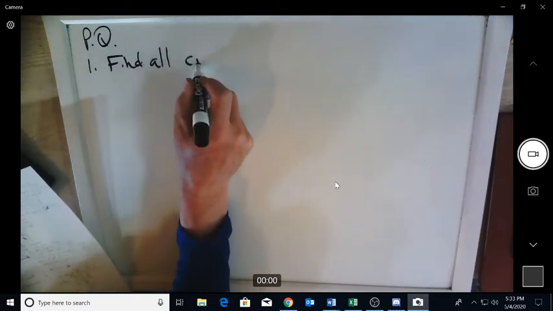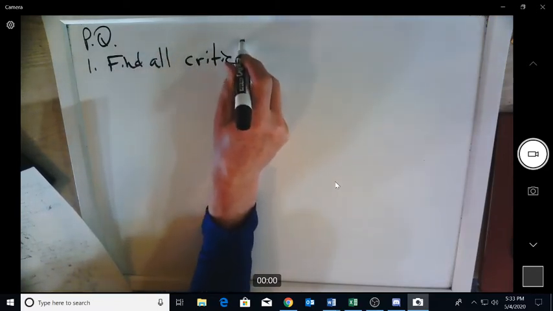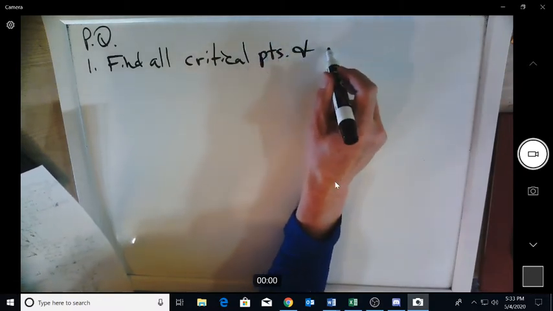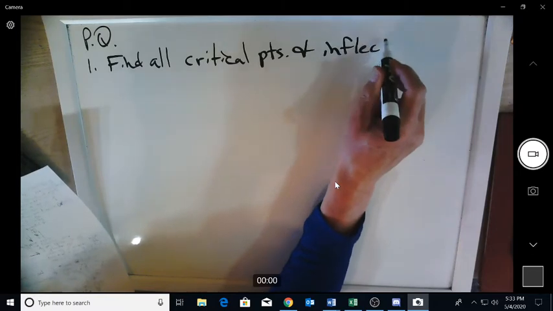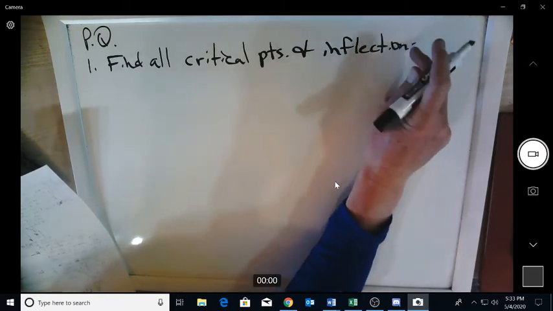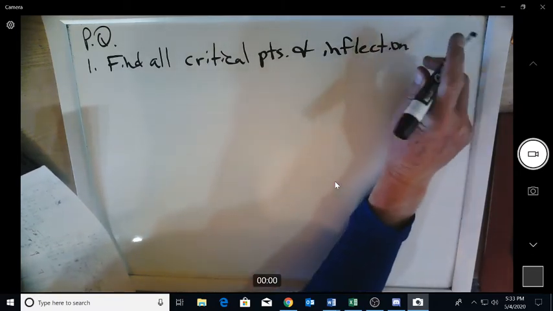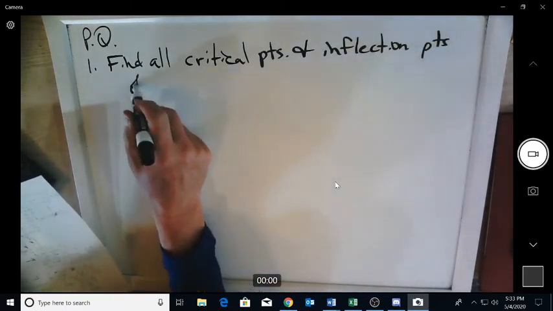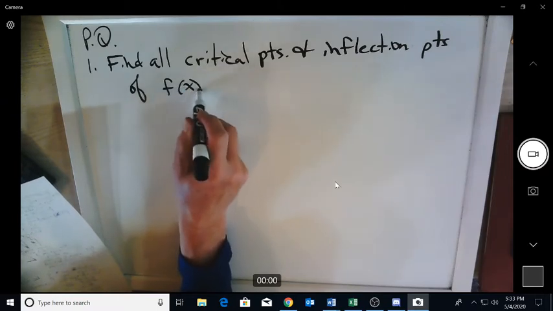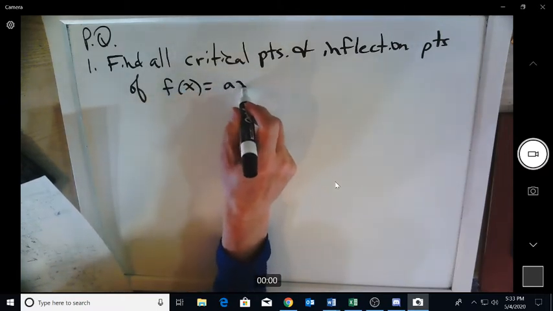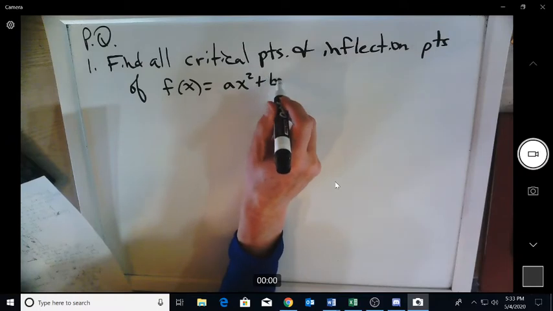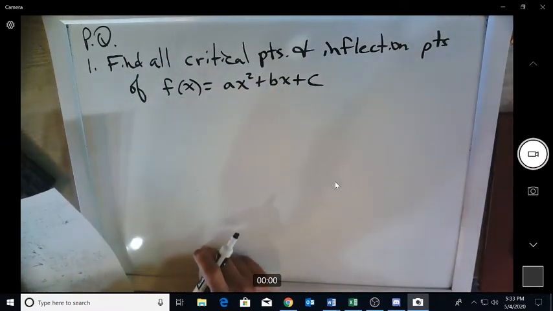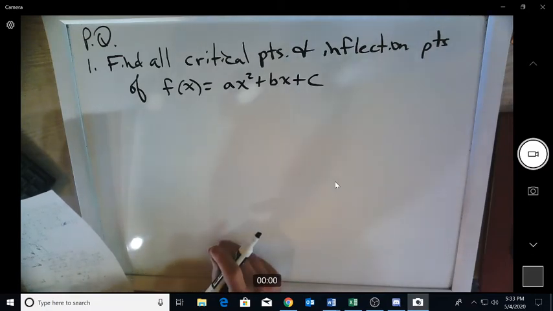Find all critical points and inflection points of the general formula for a parabola, ax squared plus bx plus c.